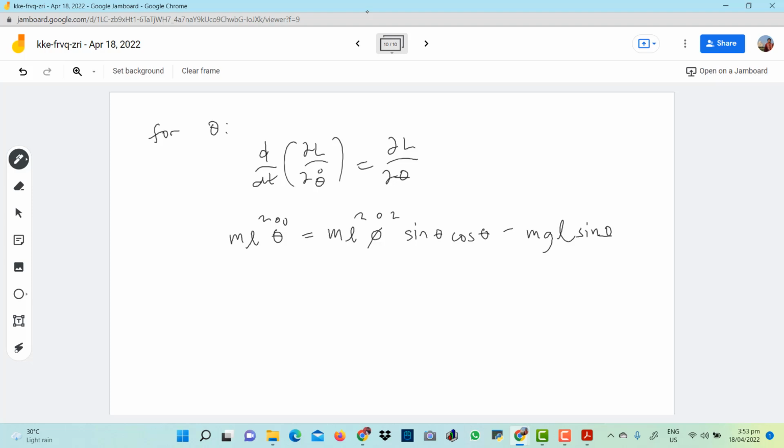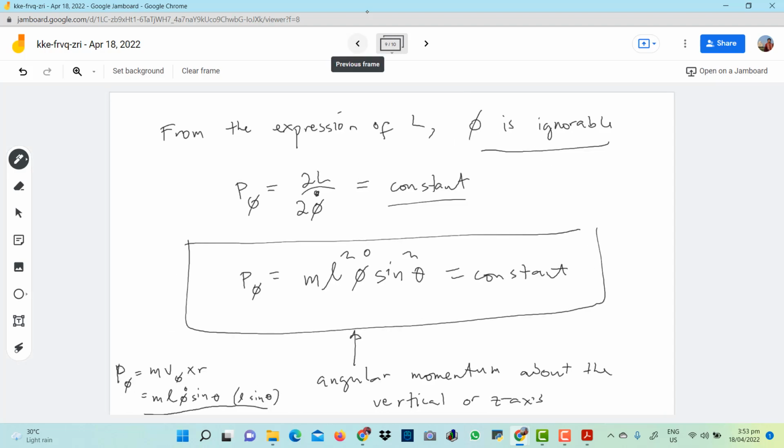Okay, if I let s equal phi dot sine square of theta equal to p phi over m L square. Sakto? This is based from this one. As you can see, p phi over m L square is just equal to phi dot sine square theta.